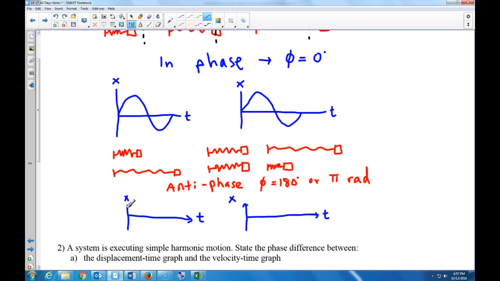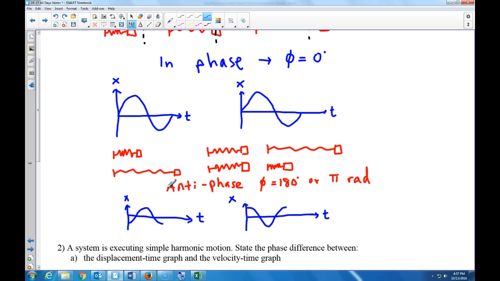It doesn't really matter where the first one starts. The point is that let's make it a negative cosine curve. Why not? The point is this one is exactly 180 degrees.